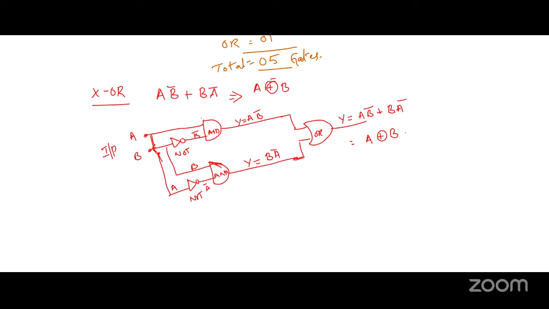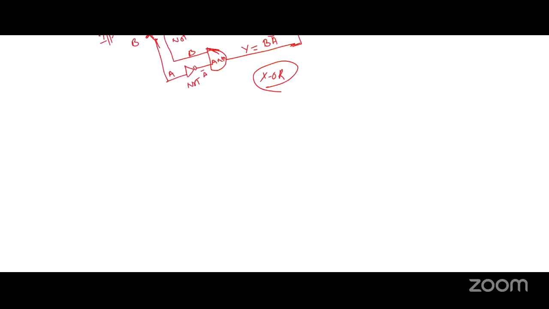By using the basic logic gates, we have constructed the XOR gate. Okay. So this is the XOR gate symbol. XOR gate. But you need to draw the truth table for this. What is the truth table?